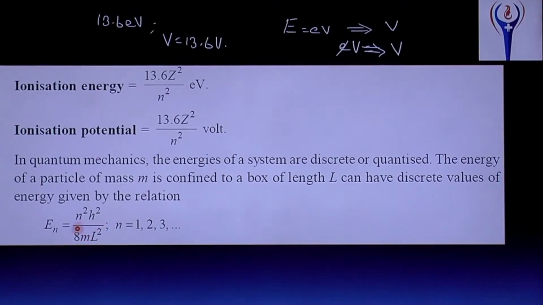This is one of its applications. Just as without Newton's laws there is no mechanics, without the Schrodinger wave equation there is no quantum mechanics. The Schrodinger wave equation is a very important wave equation for quantum mechanics, and this is the derivation of one of its applications.